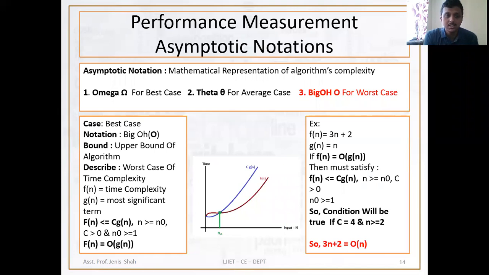Okay, what those cases show, like the upper bound, lower bound, or average bound, and the conditions of these asymptotic notations. Fine. So here we are completing our first chapter, the first unit, which is known as introduction of data structure. In that, the topics are algorithm analysis, performance analysis of algorithm, and performance measurement of algorithm using asymptotic notations.